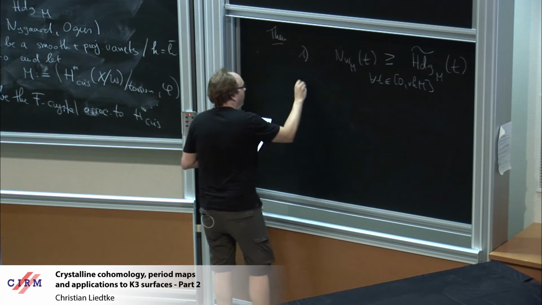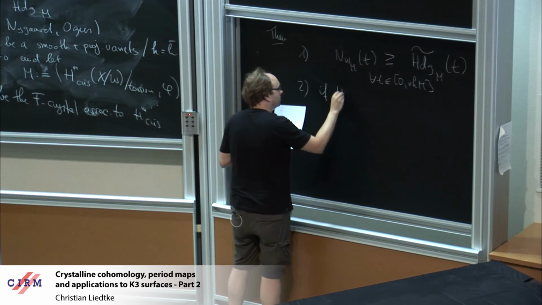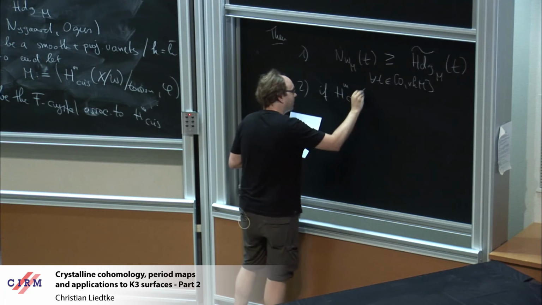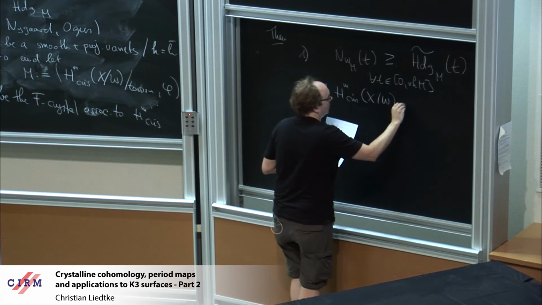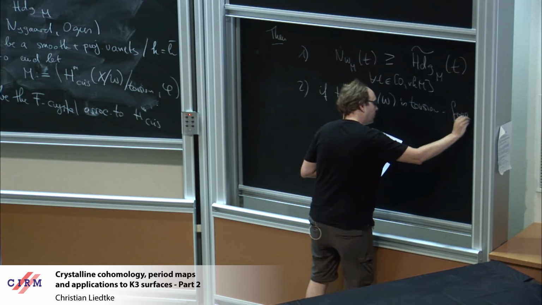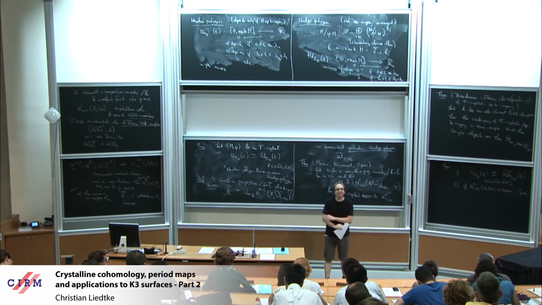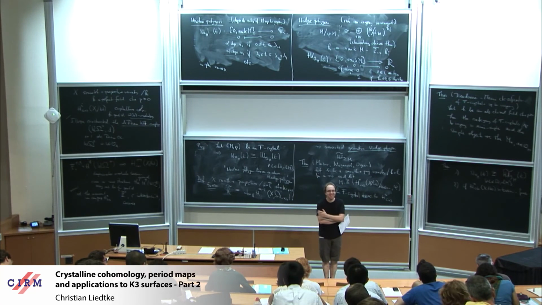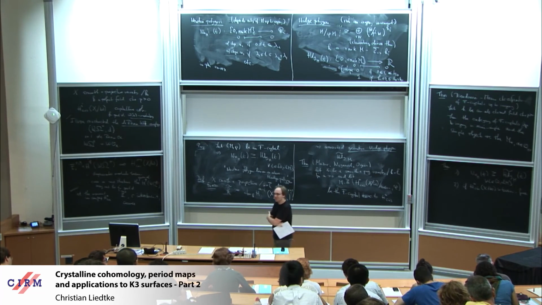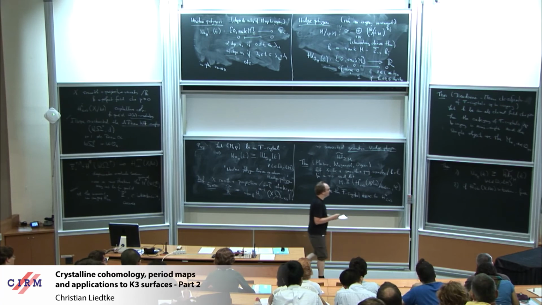And in case the variety is even a little bit nicer, namely if H^m crystalline is torsion-free, and if you've done the exercise from yesterday, you know that if crystalline cohomology is torsion-free, the Hodge numbers and the Betti numbers and everything match up nicely.